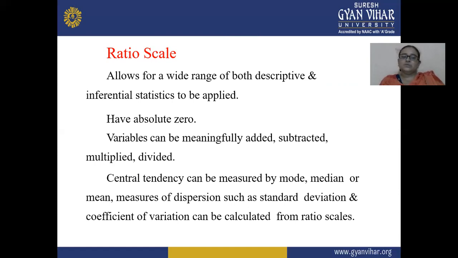In ratio scale, we have an absolute zero. This is the most important characteristic of ratio scales. And ratio scale allows for a wide range of both descriptive and inferential statistics.